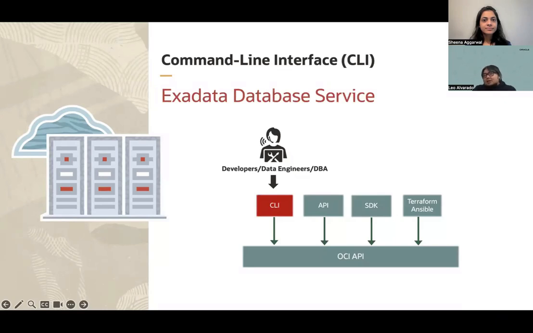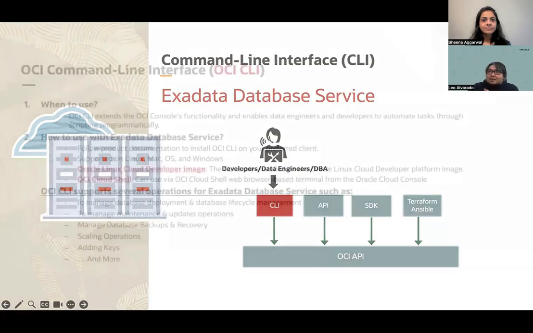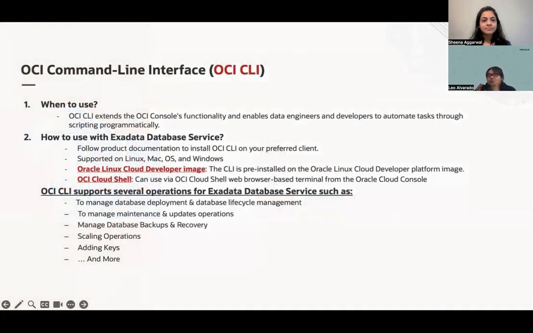So let's take a look at the OCI command line interface, also known as OCI CLI. The OCI CLI extends the OCI console's functionality and enables data engineers and developers to automate tasks through scripting programmatically. To use OCI CLI with your Exadata database service, you can install it on your preferred client.